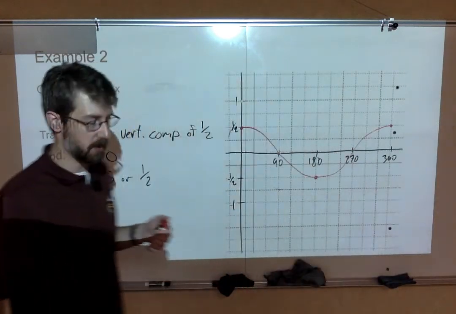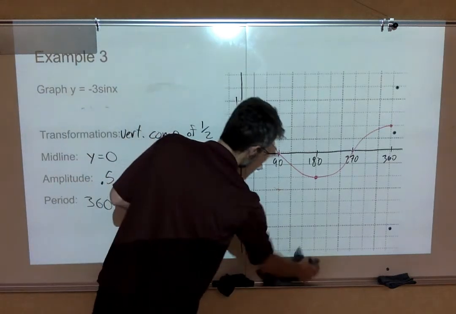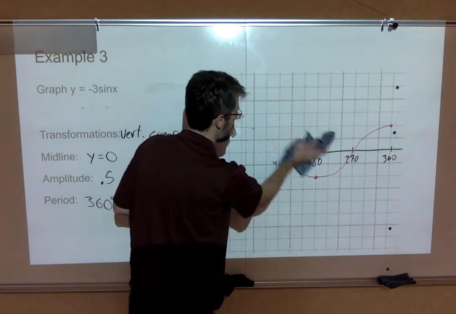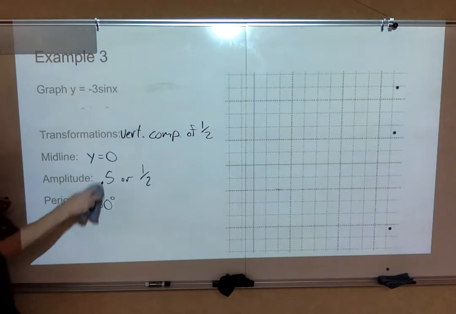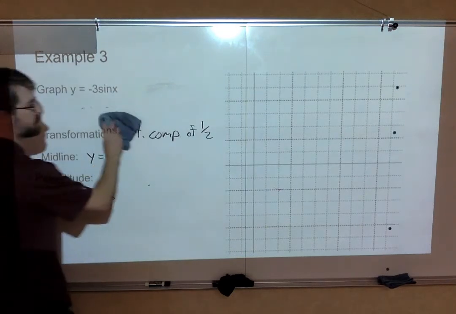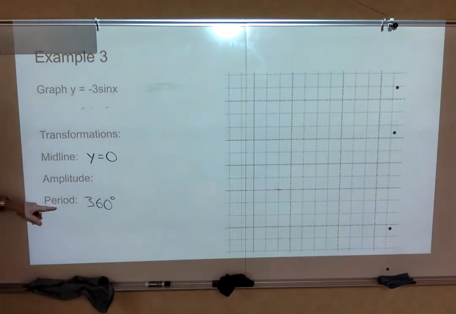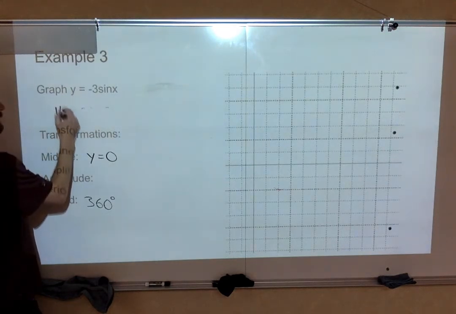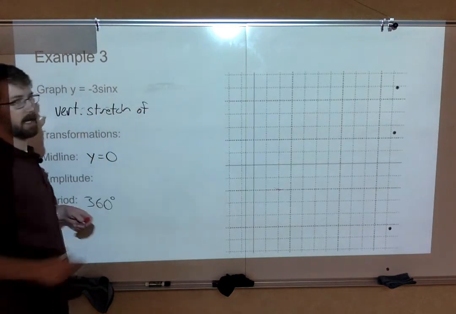All right, last one. With a reflection. Now there's a really common error I'm going to go over here. And if I see that you make this mistake, I'm going to know that you weren't really paying attention to this. All right, so I know the midline doesn't change. The period does not change with a vertical stretch or a vertical reflection. This is not a vertical stretch of -3.